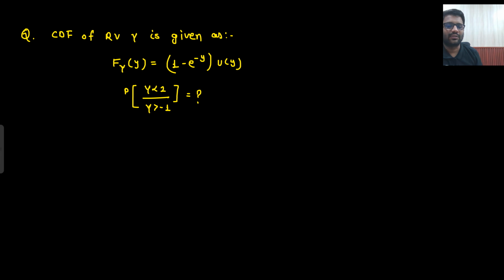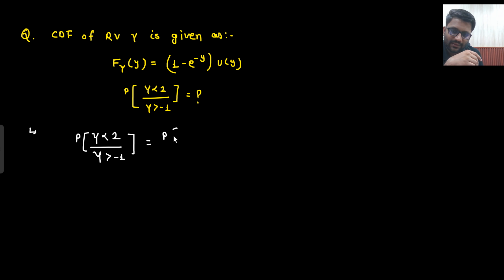Okay. Let's solve the questions now. The CDF of random variable Y is given, F_Y(y). You need to find the probability of Y less than 2, given that Y is greater than -1. So let's find the probability. Probability of Y less than 2 given that Y is greater than -1.